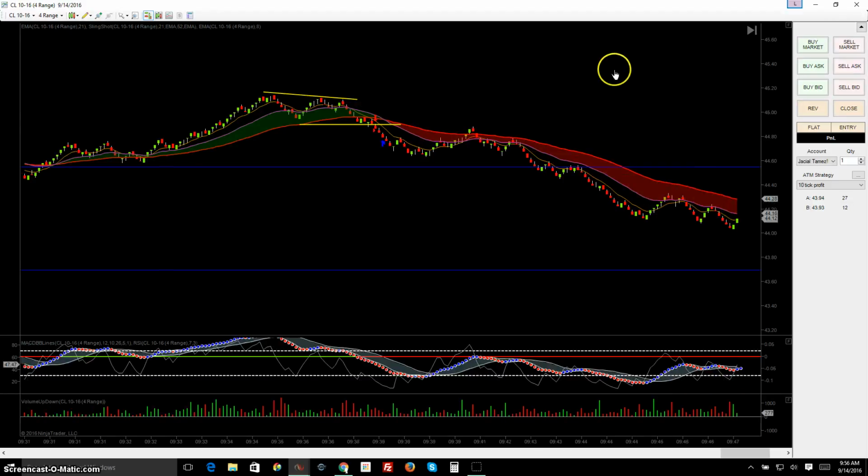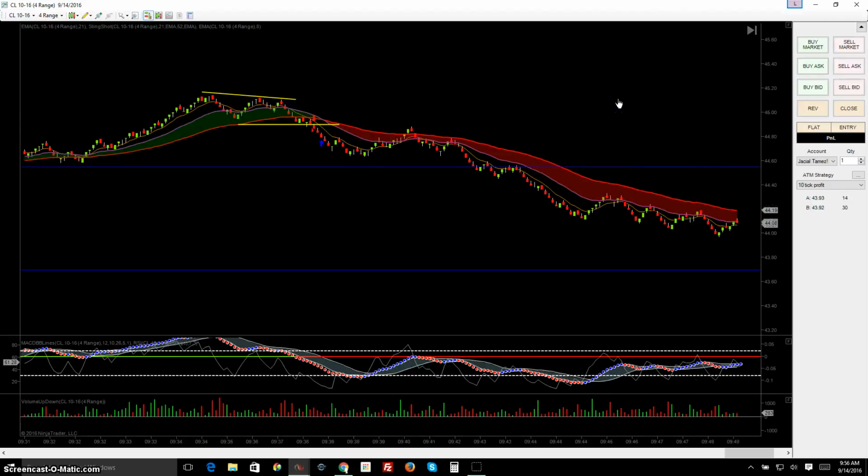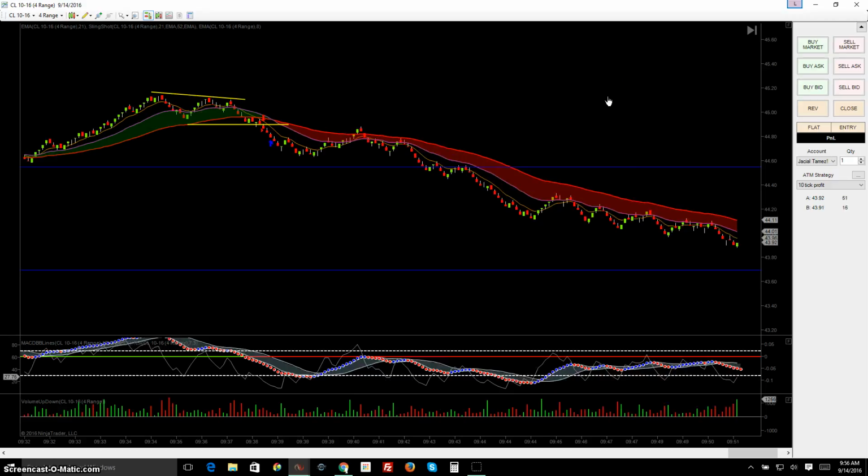So I wanted to take that time and explain to you how the mind of a trader works, and the integration between simulation and live trading.